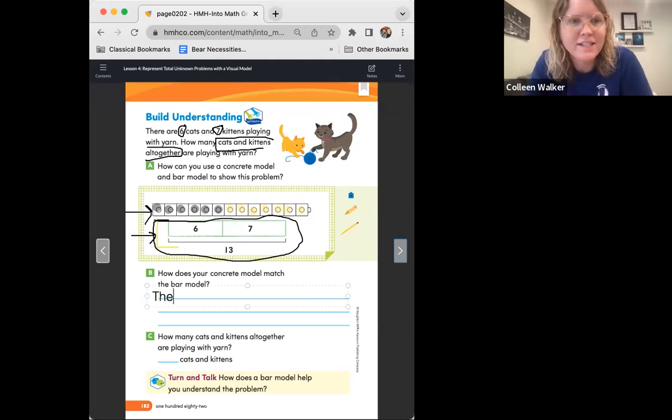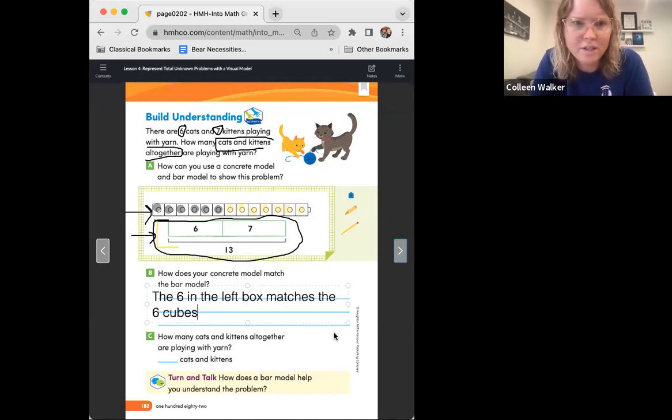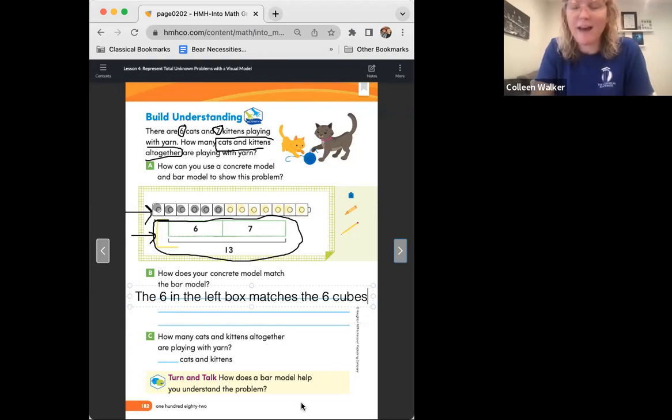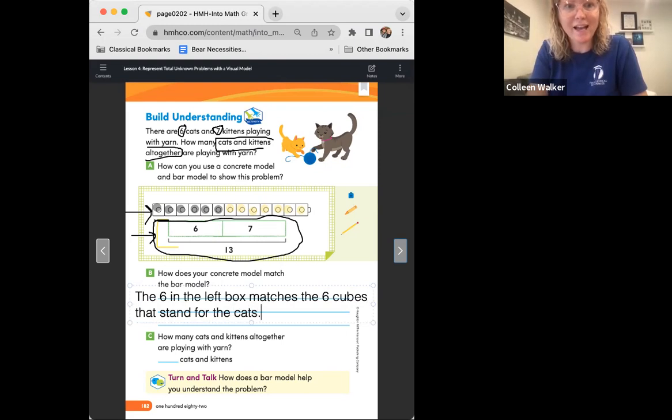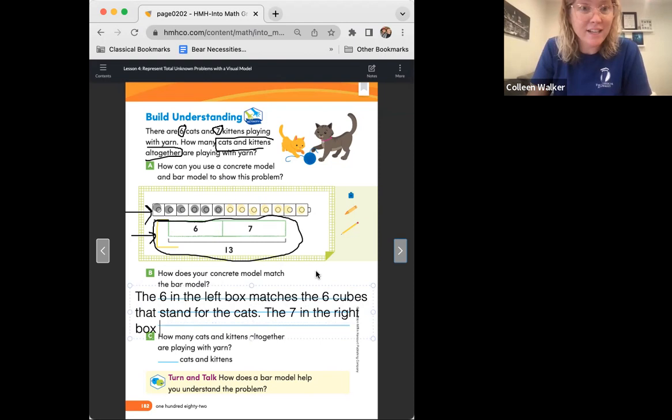The 6 in the left box matches the 6 cubes that stand for the cats. The 7 in the right box, the 7 that's over here, I'm going to switch my tool to show you, 7 that's right there.